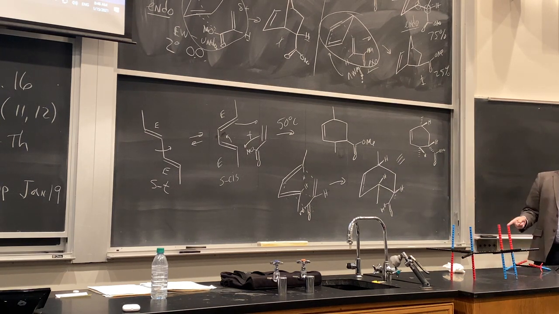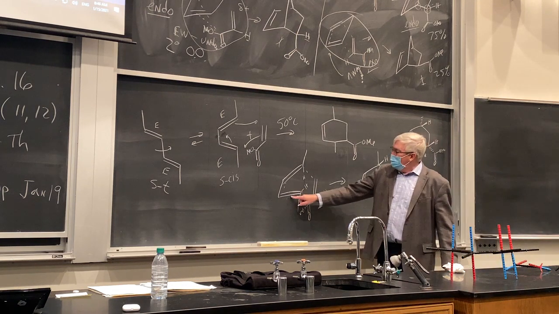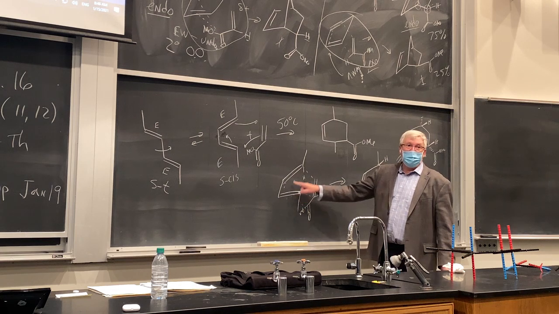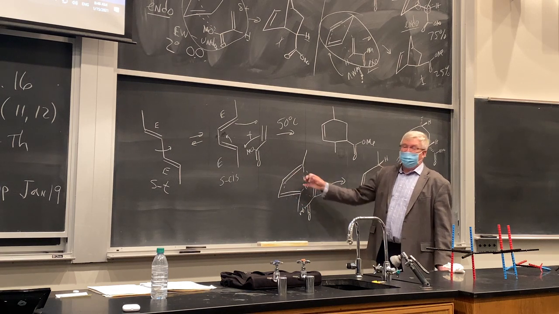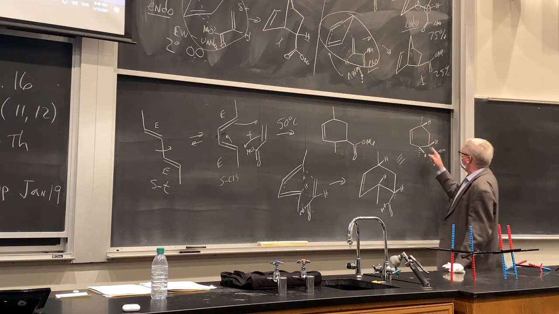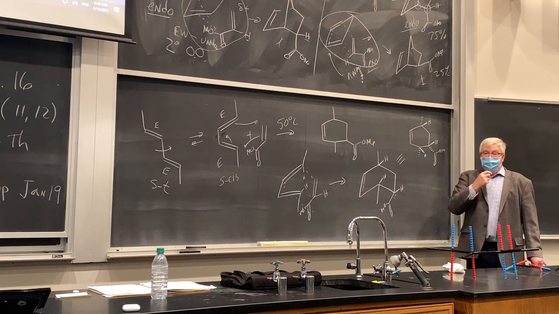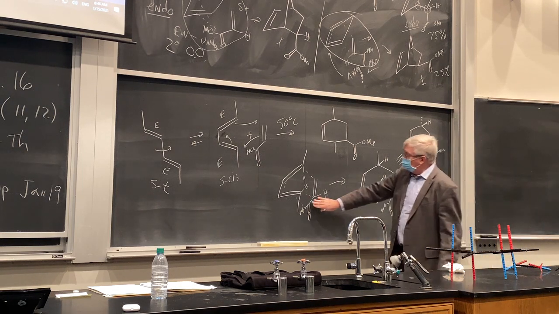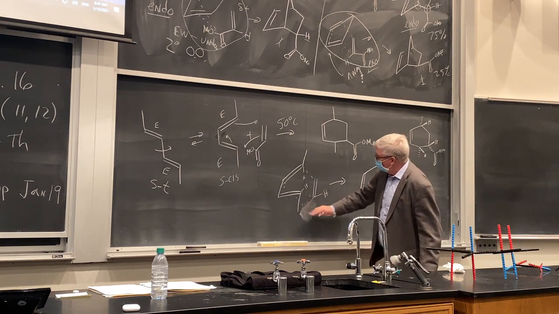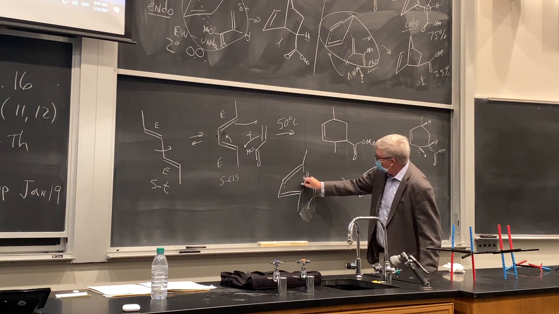This is a very hard example because you've got to keep track of the trans geometry of these two alkenes, the transition state, endo, and then pick out one stereoisomer out of the possible 8. Well, we could have this transition state where we have the ester on the other side.